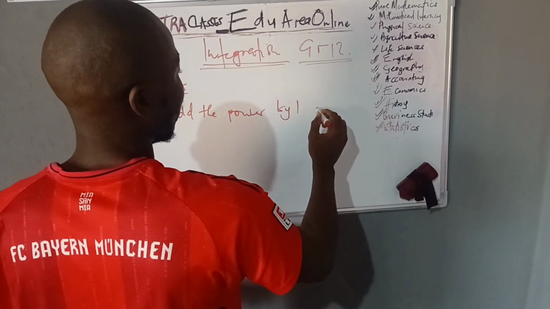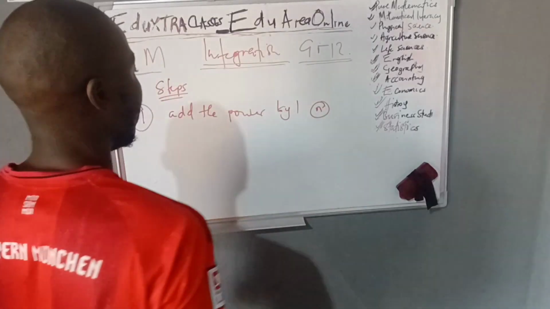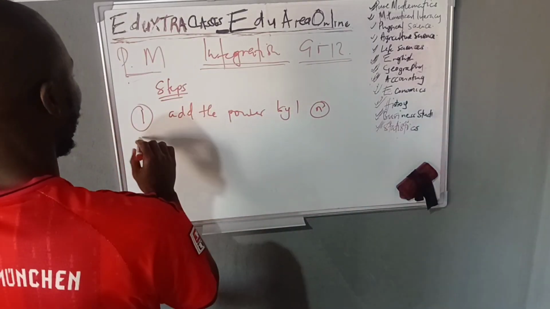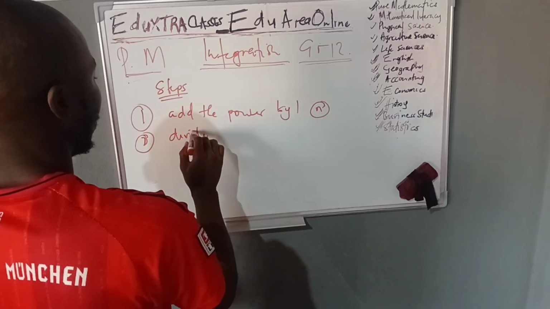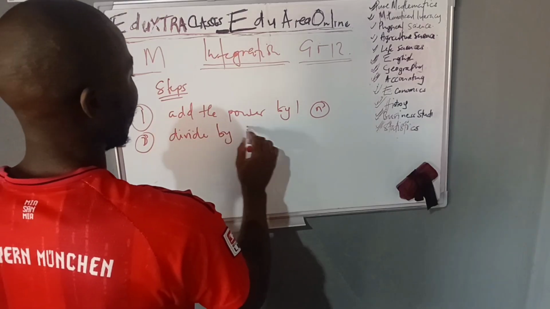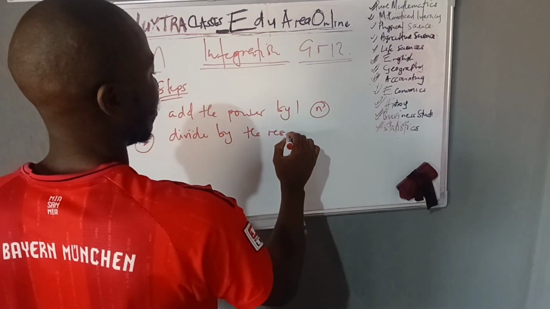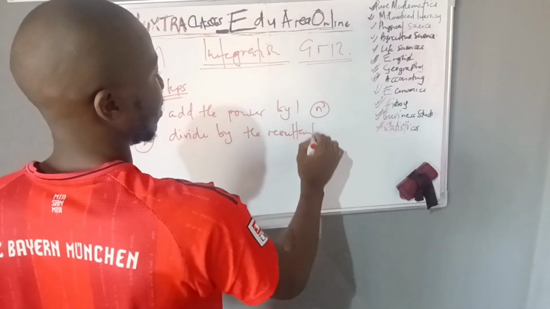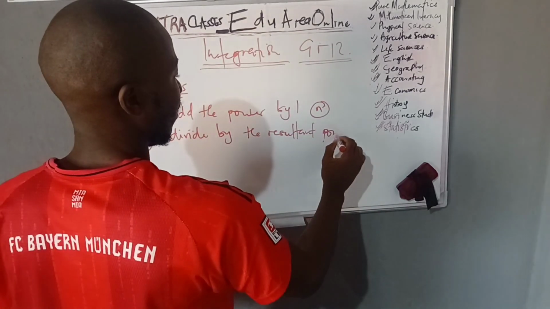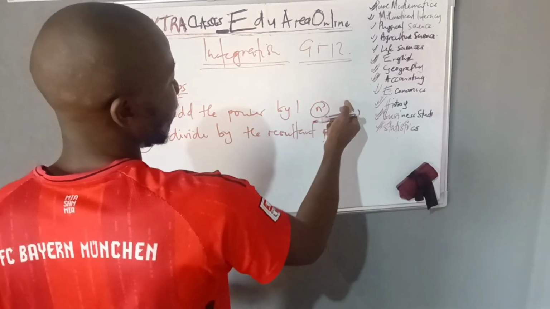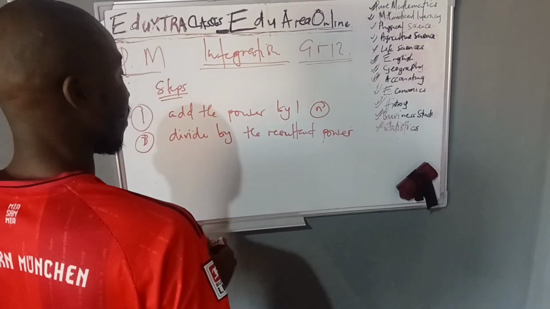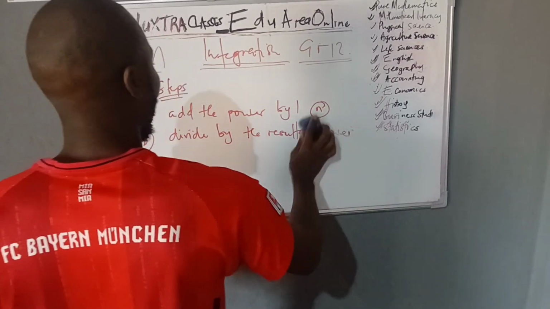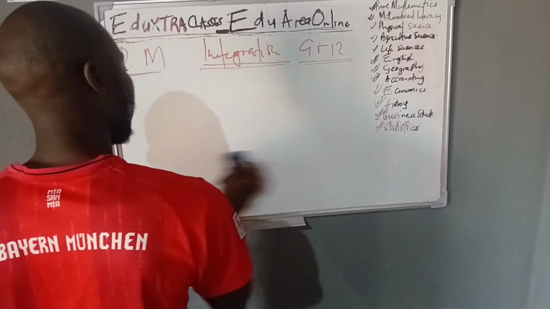And remember, what we are referring to as the power is n in this case as an example. Then number 2, we now divide by the resultant, or the new power. So when we said n plus 1, we said over n plus 1, because that will be our resultant power, or our new power.